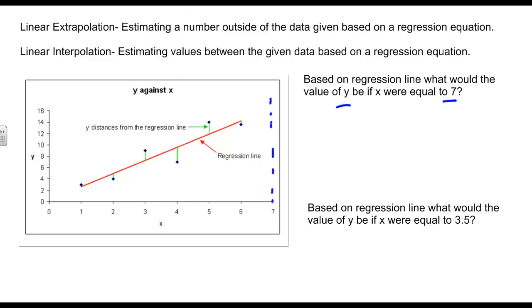But if we were to extend that line as such and find out where it intersected this 7, we would be extrapolating data and drawing across roughly. We could see that we get roughly a y value of 16 if x were equal to 7, and that's based on the line that's calculated. So this is a case of extrapolation.